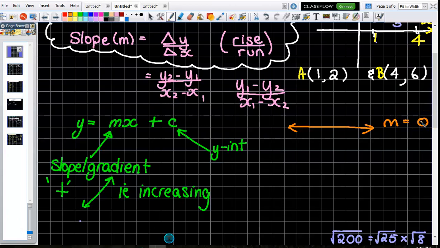Agreed? What about vertical? Vertical line, who said that? Why is it undefined? Because you've got lots of rise, but you've got no run. And can we divide by 0? No. So we've got an undefined slope.